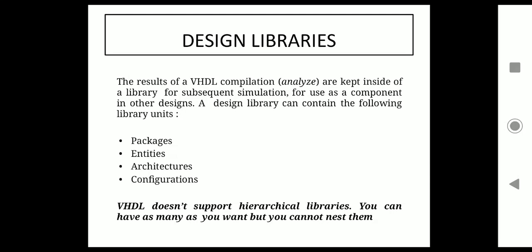So this is the fifth part of any VHDL code. Now what it means: the VHDL compilations are kept inside of a library for a subsequent simulation. That means the analyzing part or the compilation part is stored into these design libraries, and it contains packages, entities, architecture, configuration. That means all this information is gathered together and stored into a library.